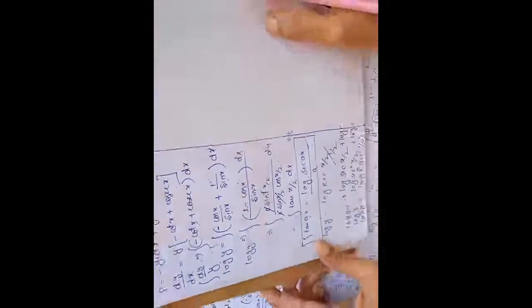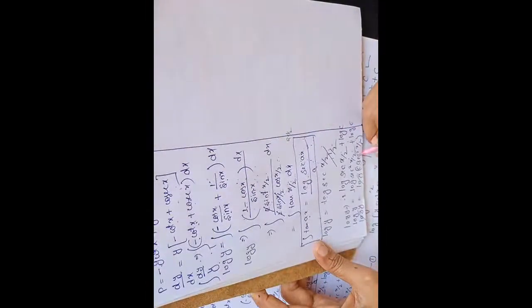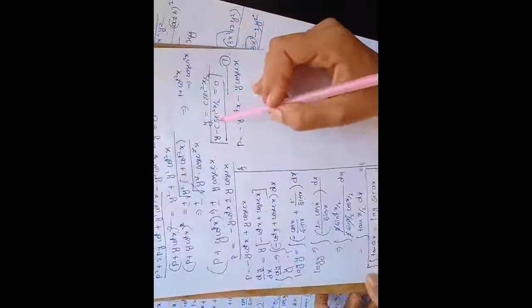Apply the log m power n formula, so it becomes log sec square x by 2 plus log c. Now apply the log a plus log b formula: log a into b, that is c into sec square x by 2. Now the log gets cancelled, so y equals c sec square x by 2. Take the term to the left hand side, so y minus c sec square x by 2 is equal to 0.